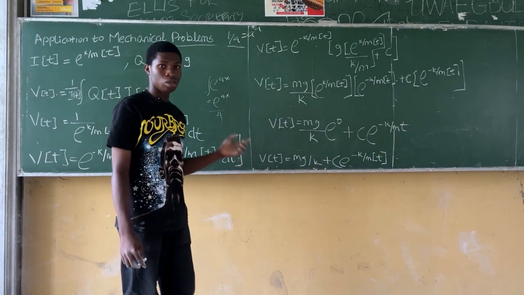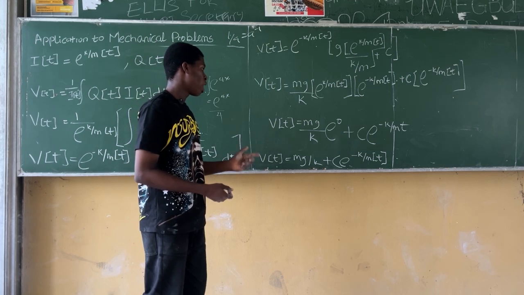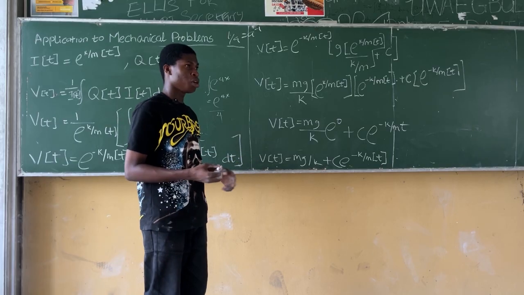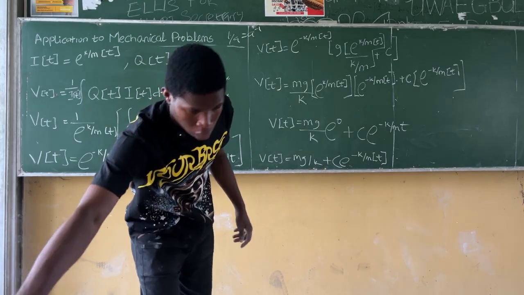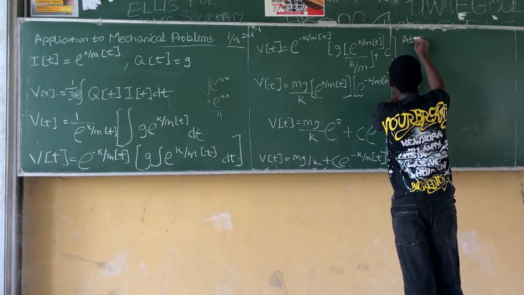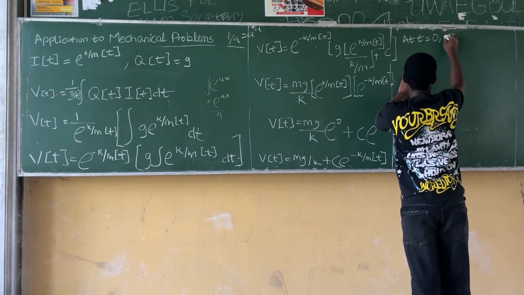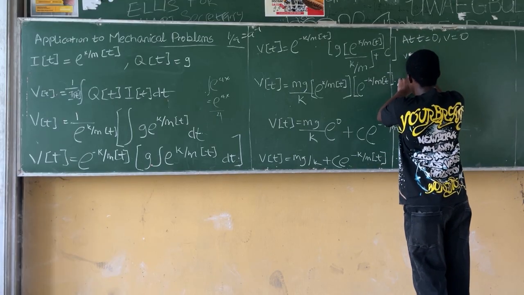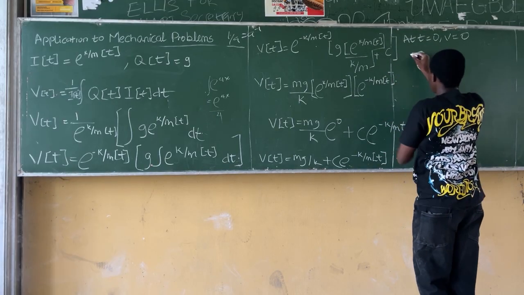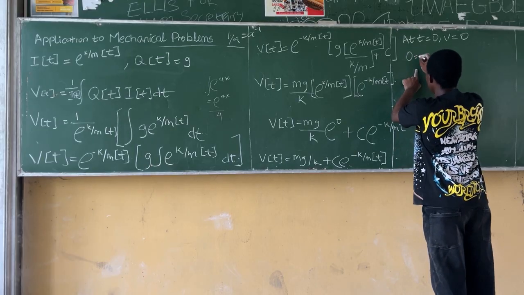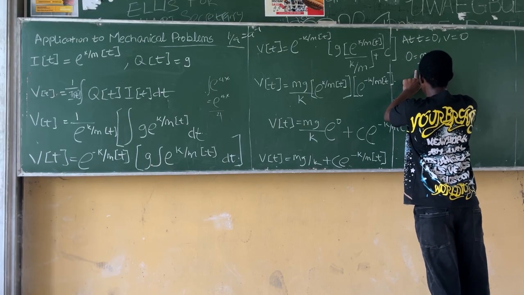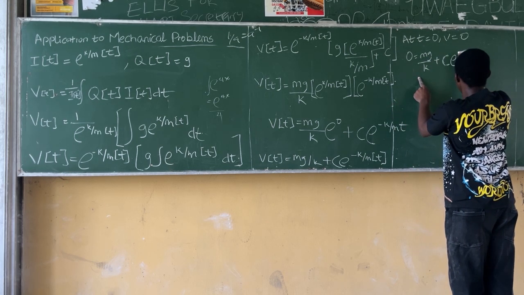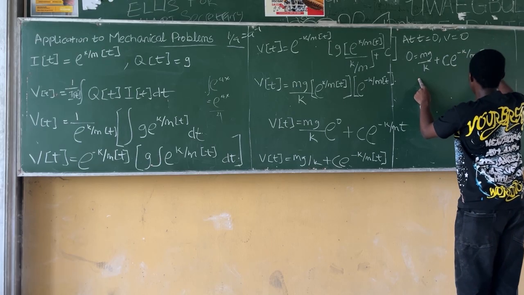So now, once we have gotten to this point, we should be able to work out the value of c, whereby we're substituting boundary conditions such as at v equals 0, t equals 0. Let's work that out. At t equals 0, v is equal to 0. So now this v of t, this 0 is equal to mg over k plus c e to the minus k over m multiplied by 0.